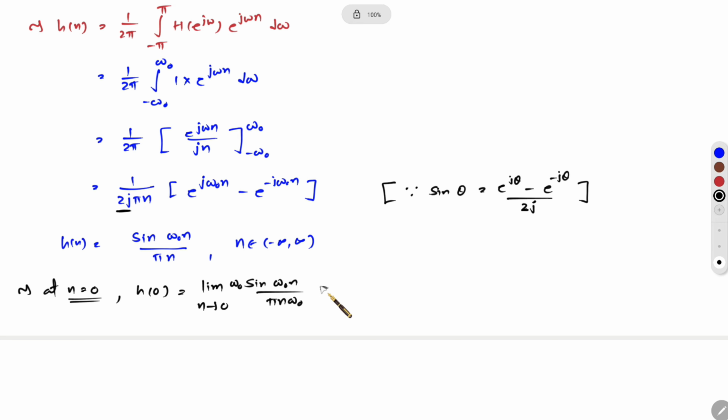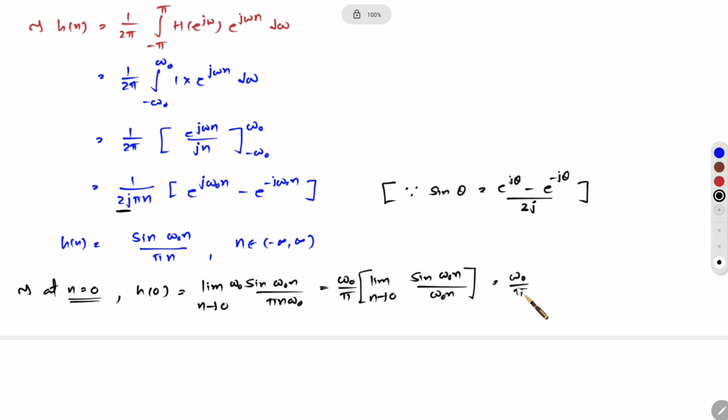So here omega naught by pi comes out, and here we have the limit where n is going towards 0 of sine of omega naught n divided by omega naught n, and the limit where theta is going towards 0 of sine theta by theta is 1. So this value is 1. So this will be omega naught divided by pi. At n equals 0, this value is omega naught by pi.